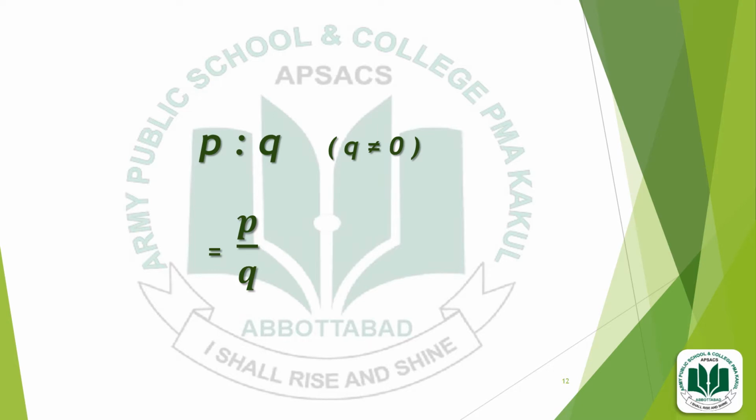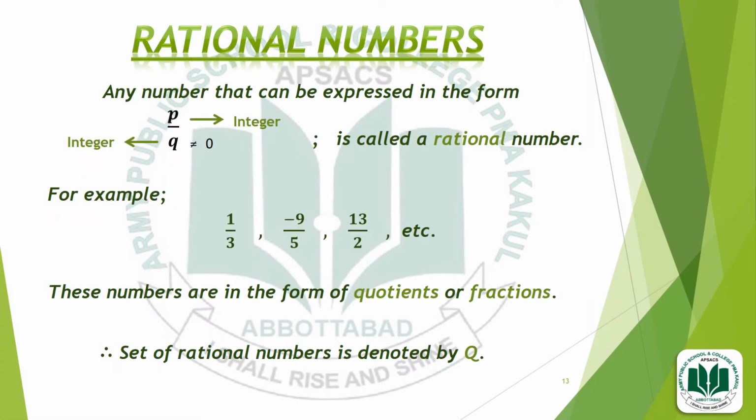This is the form in which rational numbers are expressed. A rational number is defined as a number that can be expressed in the form p/q, where p and q are integers and q is not equal to 0.